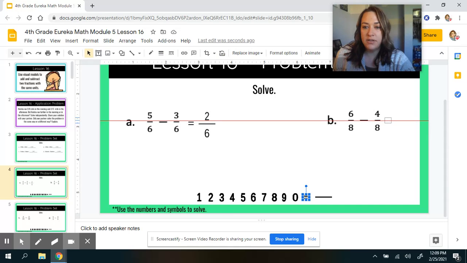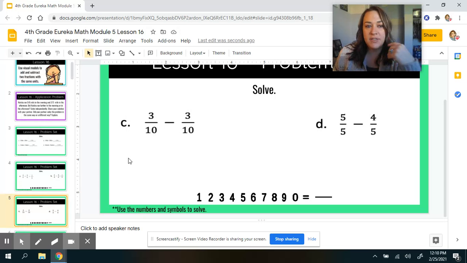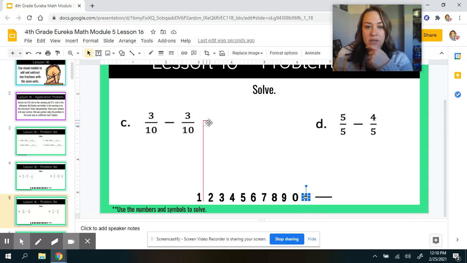We already know that our denominator is going to be 8, and then we subtract our numerators. 6 minus 4 gives me 2. 2/8 is our answer. Easy peasy, right? We'll do a couple more together, and then we'll see what this looks like if we have mixed numbers as an answer.